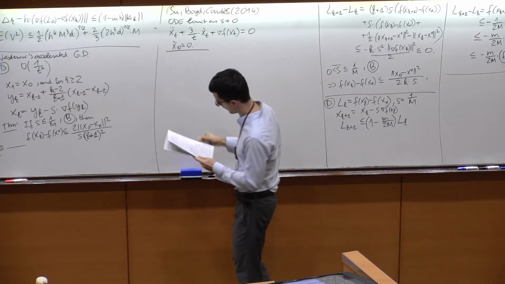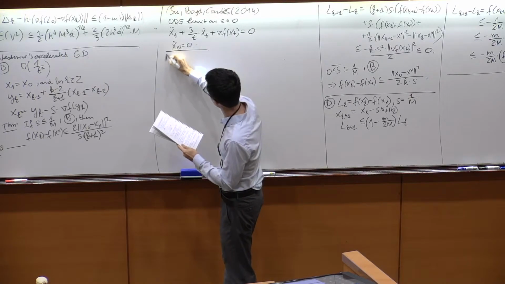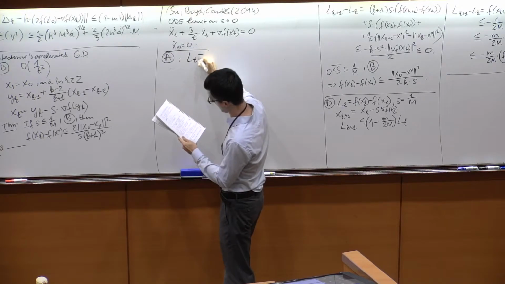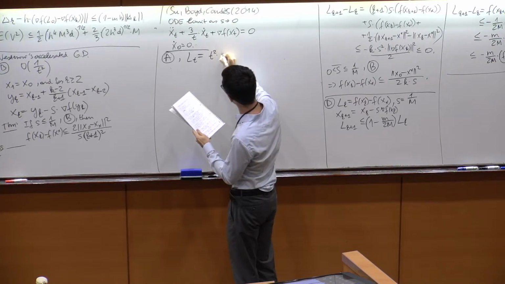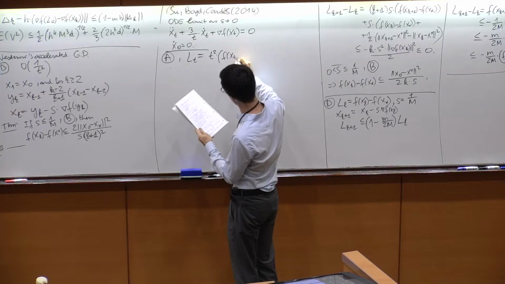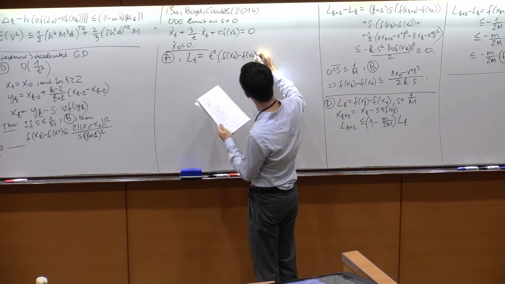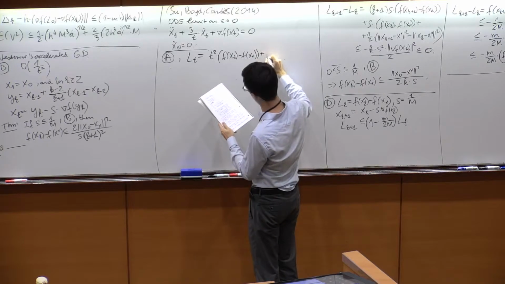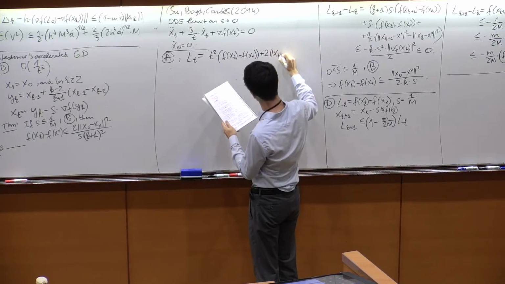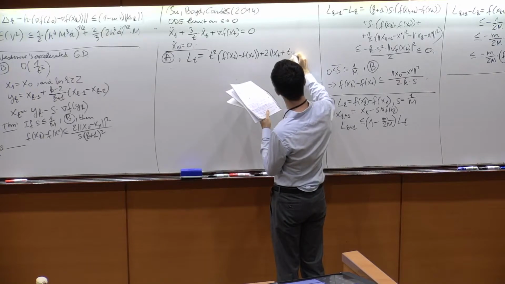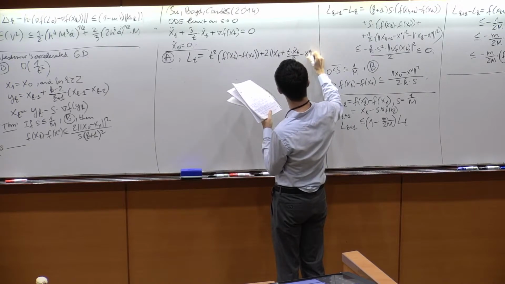And so if you have assumption A, then you can select the Lyapunov function L(t) as t squared times f(x(t)) minus f(x star) plus 2 times the norm squared of x(t) plus t times x derivative(t) over 2 minus x star.